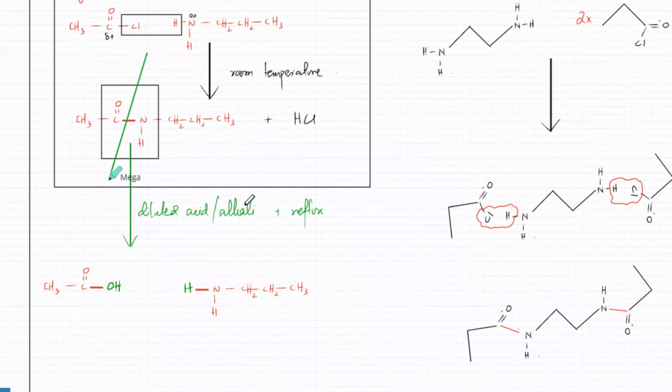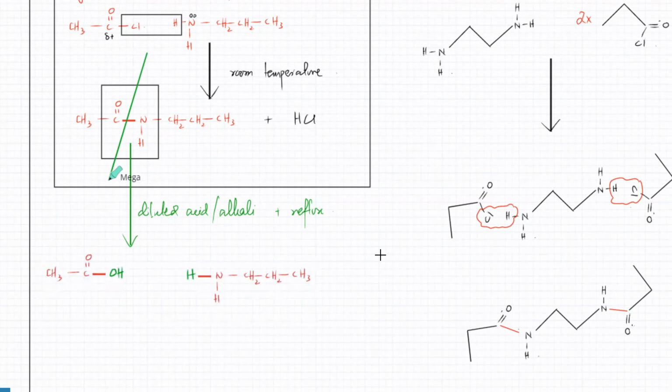And there's another issue with alkaline hydrolysis, which is that if you use an alkali, the alkali would end up reacting with the carboxylic acid. These are the products that you should get, but with an alkali the issue would be that the carboxylic acid reacts with the alkali.